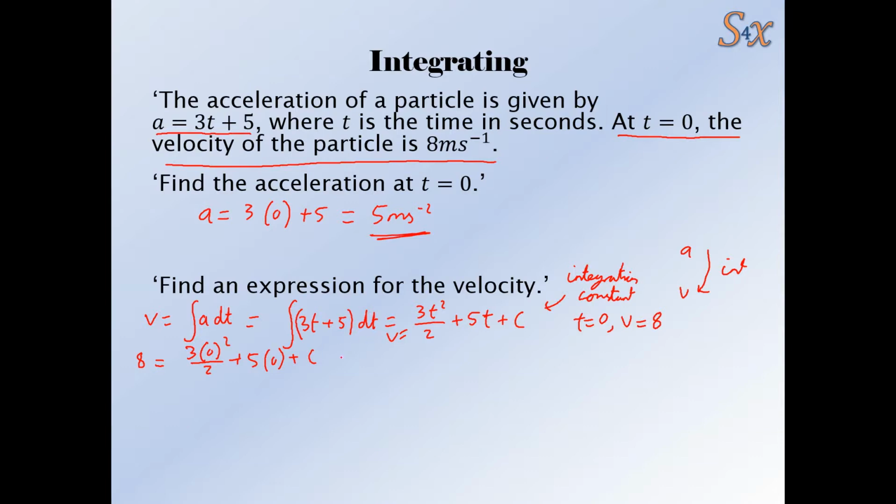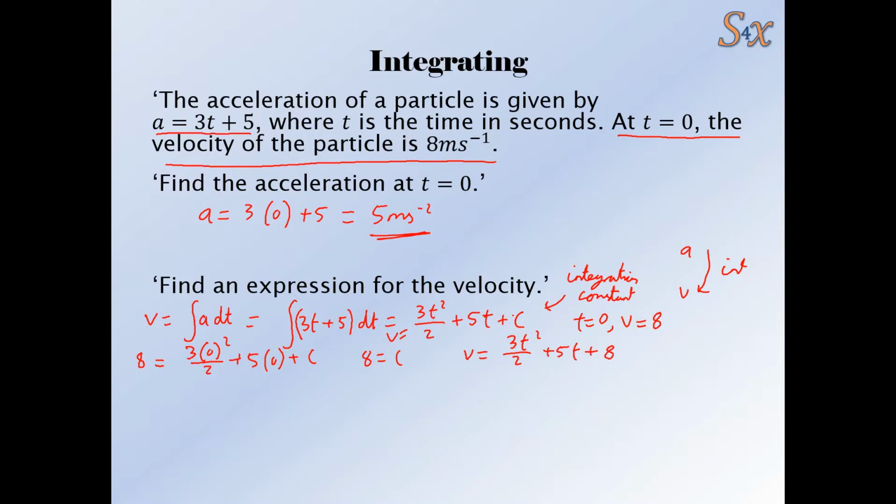And I can now solve this equation to find what c is. So those bits both go to 0, so I just get 8 equals c. Okay, so c is 8. So my full expression for the velocity is v is 3t squared over 2 plus 5t plus 8, because we just found that c is 8.